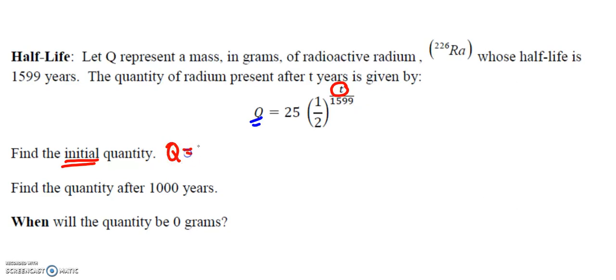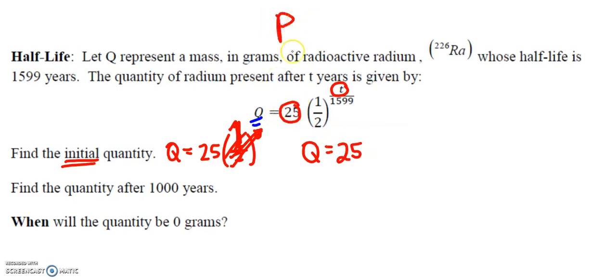So our quantity is 25 times 1/2 to the 0, because 0 over 1,599 is 0. Well, anything to the 0 is just 1. We learned that with our properties of exponents. So my initial quantity is equal to 25, which is also in place of P if we're talking about an investment or an exponential equation.